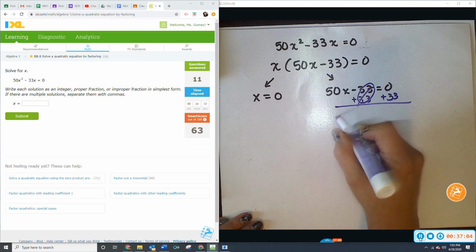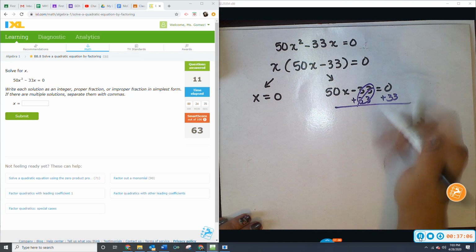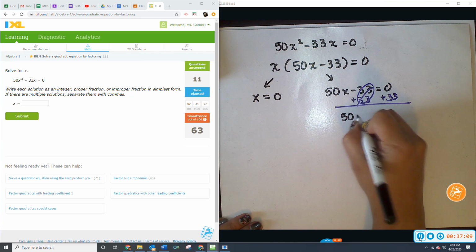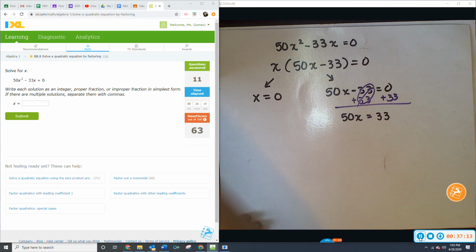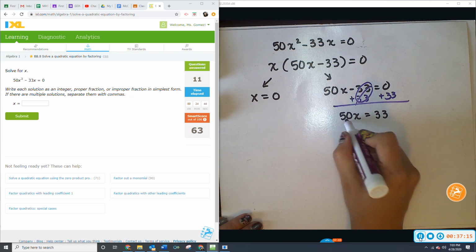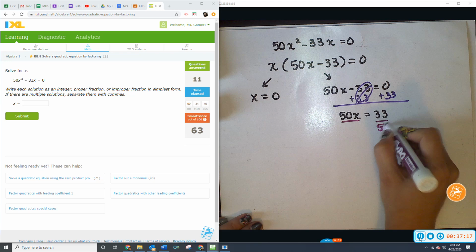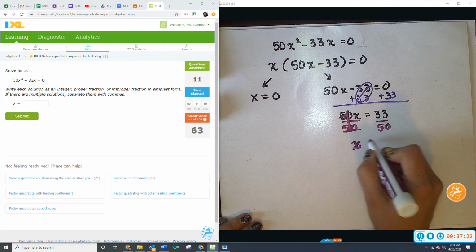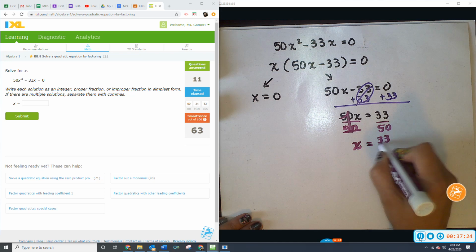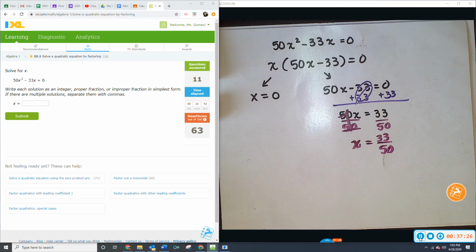So now 50x is equal to a positive 33. And, of course, divide by 50, leaving you with x is equal to 33 over 50. There we go. So let's go ahead and type that in here. We have 0 and an ugly fraction of positive 33 over 50.